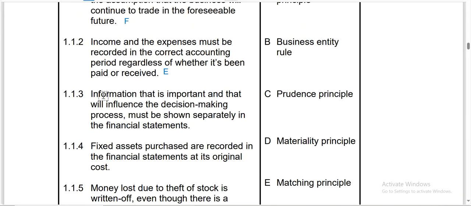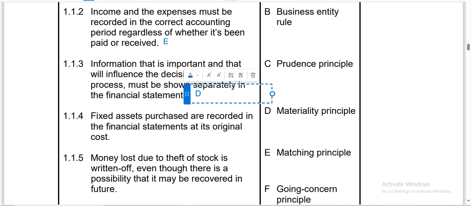And then the next one says information that is important and that will influence decision making must be shown separately in the financial statement. Remember, this principle is in relation with materiality, which is letter D in this case. Next one says that fixed assets purchased are recorded in the financial statements at original cost.